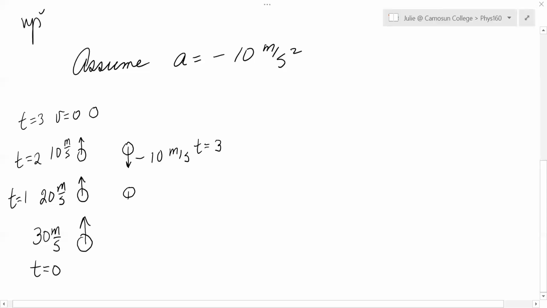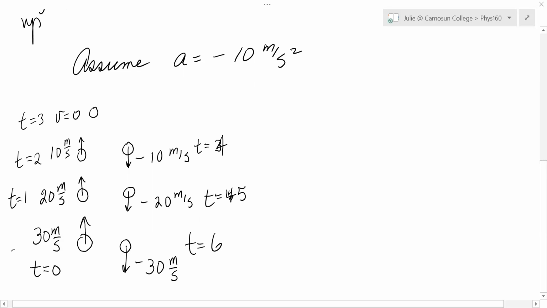The next second, it's going to be negative 20. Just keep subtracting 10. And then the next, oops, I think I counted wrong. 1, 2, 3, this is 4, 5, and 6, negative 30. T equals 6. Okay, so what are some things that you need to say about this?